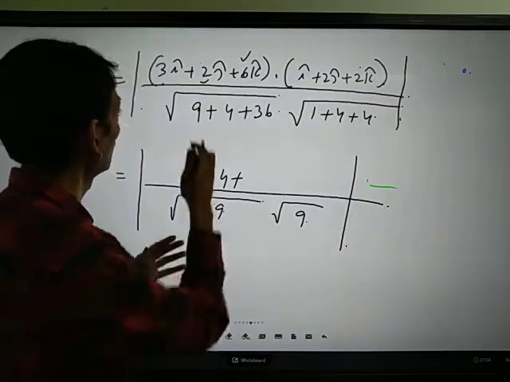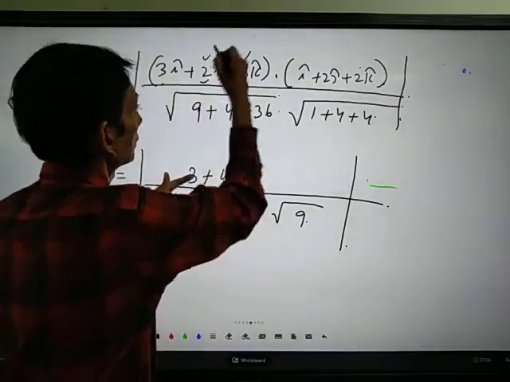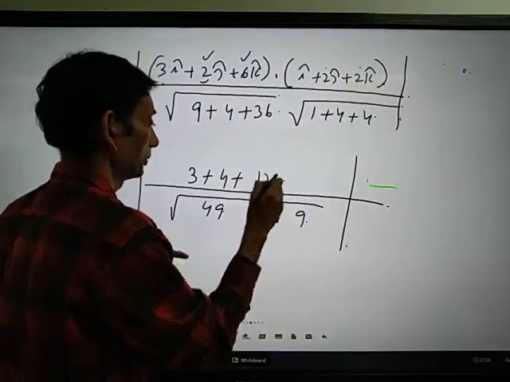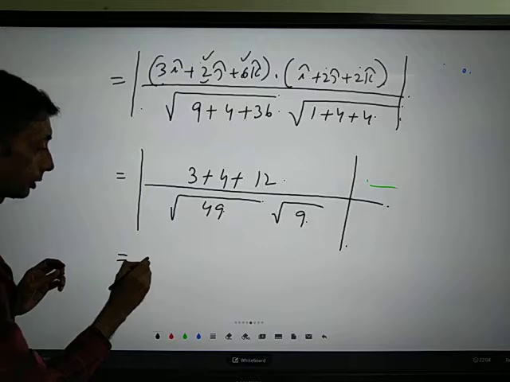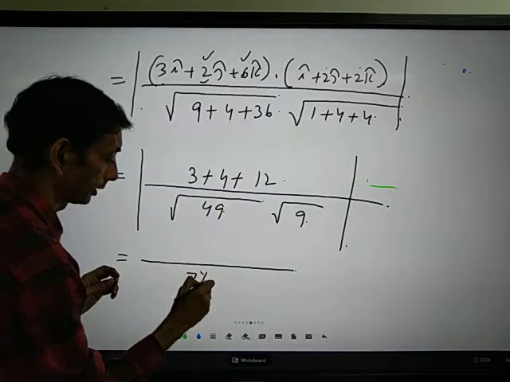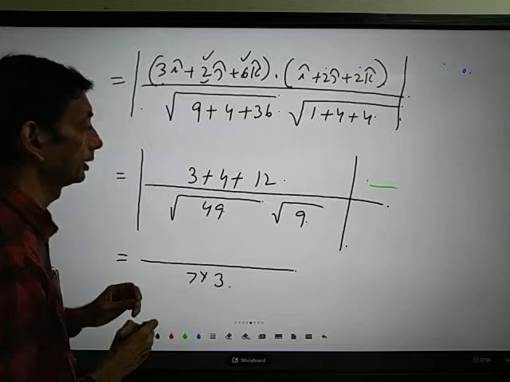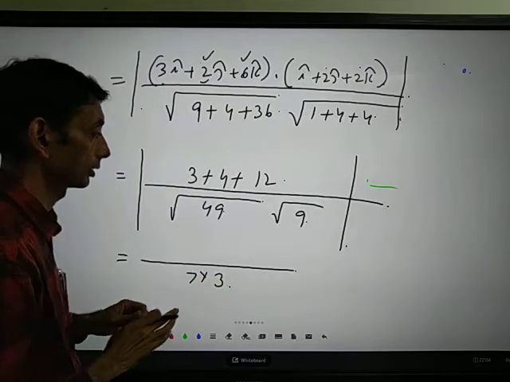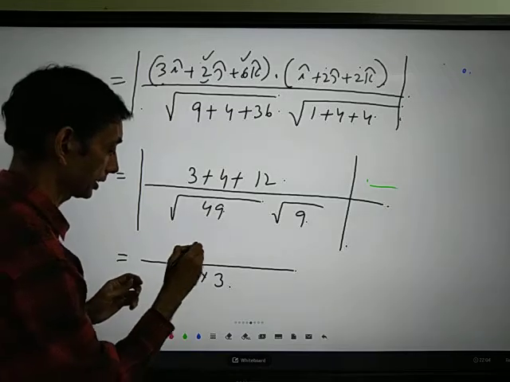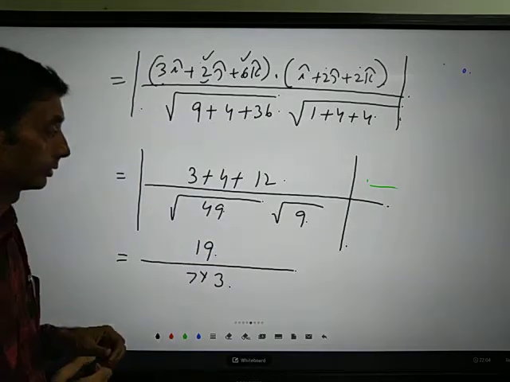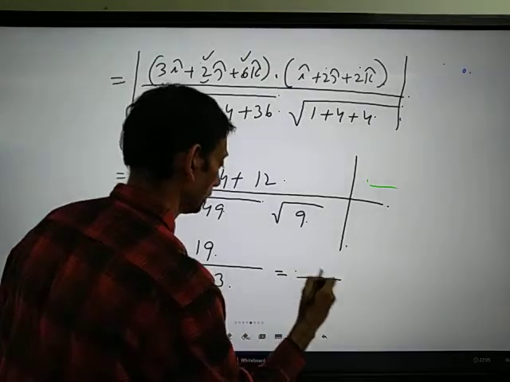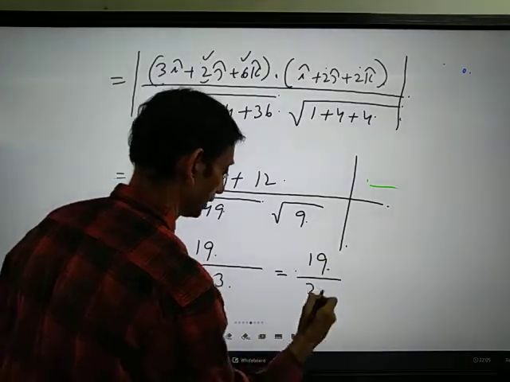So the denominator is the square root of 49, that is 7, into 3, and the numerator is 12 plus 4, 16, plus 3, that is 19.